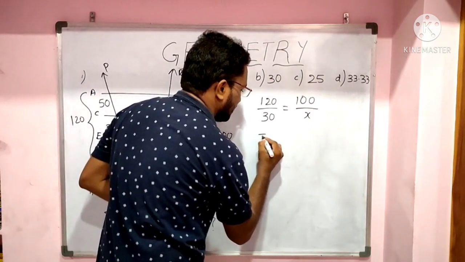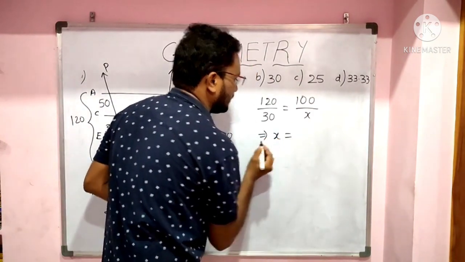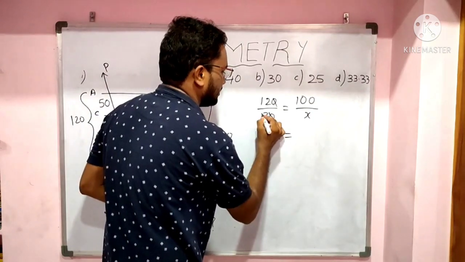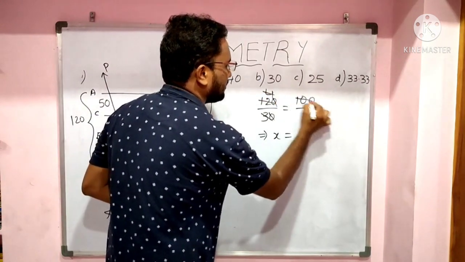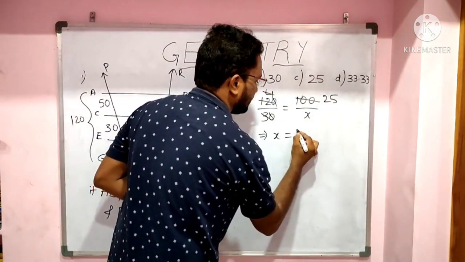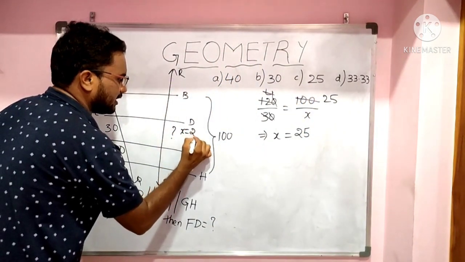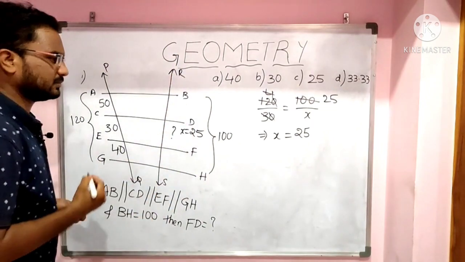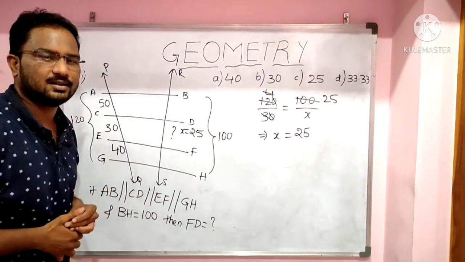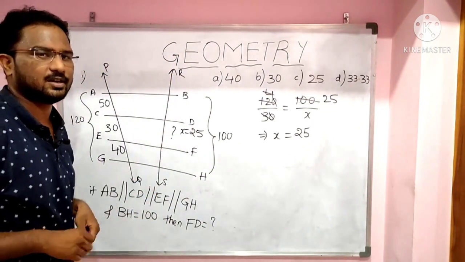So from here X equals, zeros cancel, 3 ones 3, 4 ones 4, 25. So X equals 25. So this value is 25. So this is the general approach.